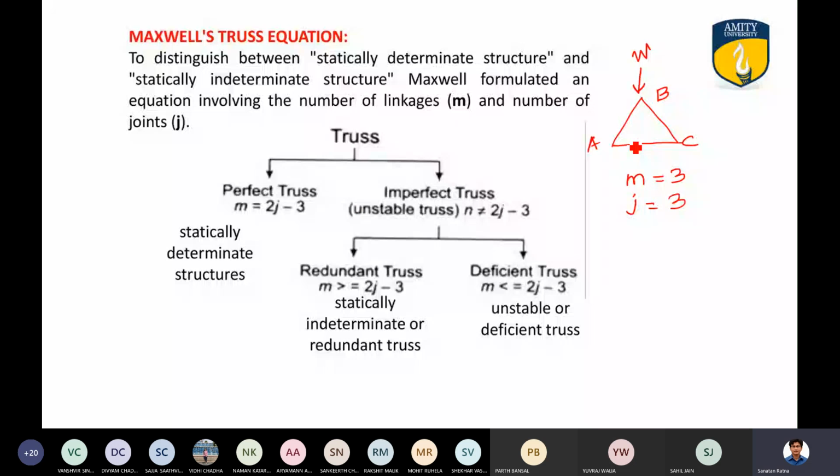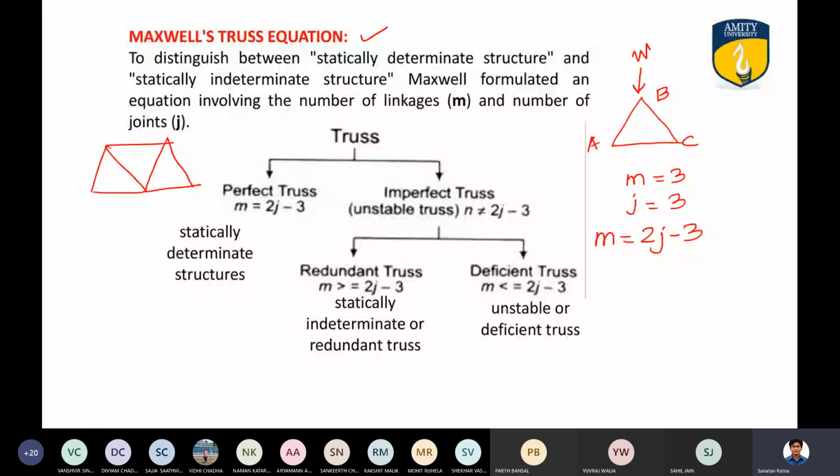Let us say the truss is in this form. Will it be able to support the load or not? It is difficult to say. So for that, we use the Maxwell truss equation, M is equal to 2J minus 3.